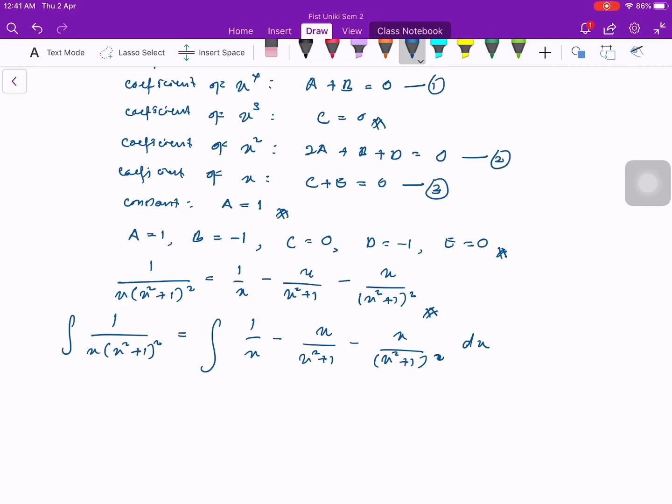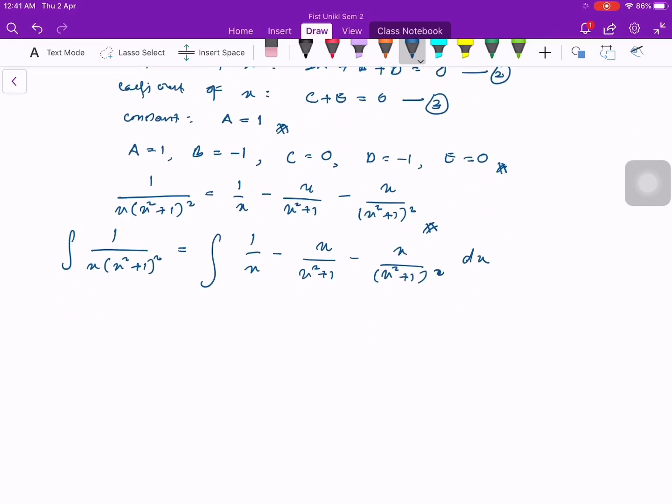Alright, now let's start with integrations. So we know that for 1 over x here we're going to have ln x, but for this two, we need to use a technique of integrations, which is substitutions. So I'm going to proceed with substitution. Untuk case ni saya akan proceed dengan substitution. So the first one is substitutions of x over x squared plus 1 dx.